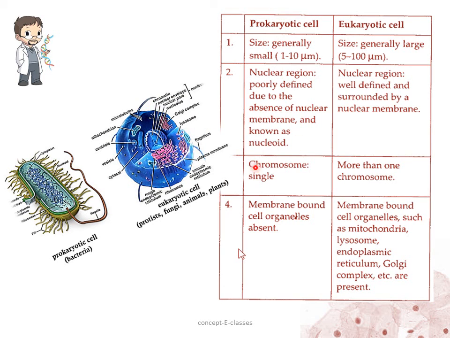Prokaryotic cells have only a single chromosome, whereas eukaryotic cells have more than one chromosome. In prokaryotic cells membrane bound cell organelles are absent, whereas in eukaryotic cells membrane bound organelles such as mitochondria, lysosome, endoplasmic reticulum, Golgi complex, etc. are all present. So these are the major differences between prokaryotic and eukaryotic cells.